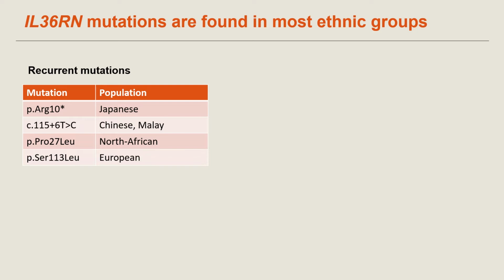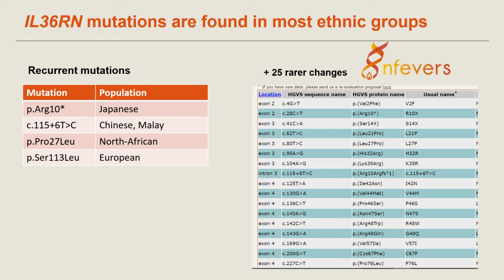In North Africa, we've got this proline to leucine substitution, which was first described by Hervé Bachelet and his team, and so on and so forth. There are also rarer changes that have been observed maybe in a couple of patients in the literature, or sometimes even in a single case.